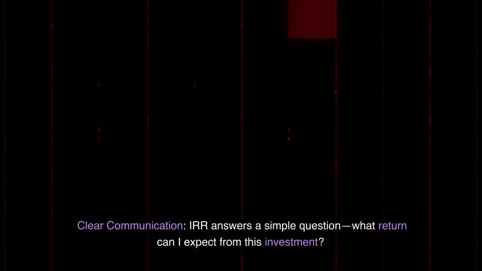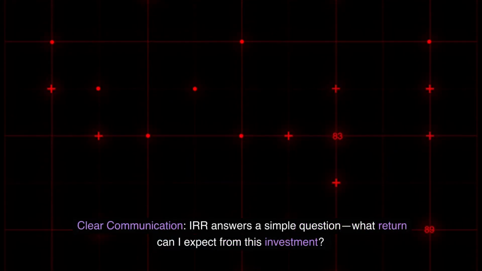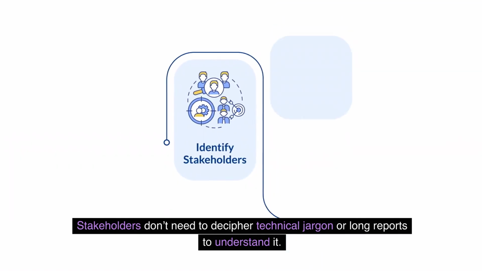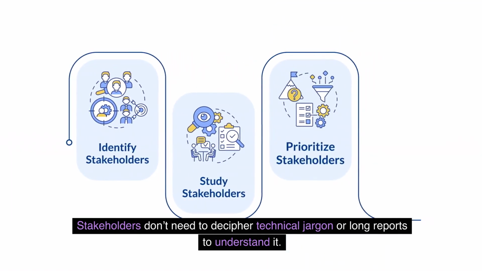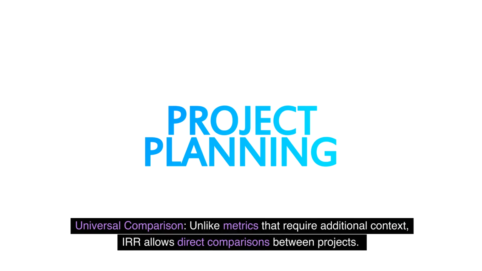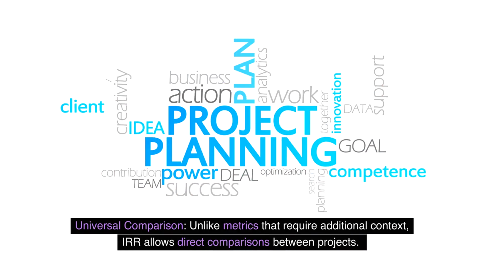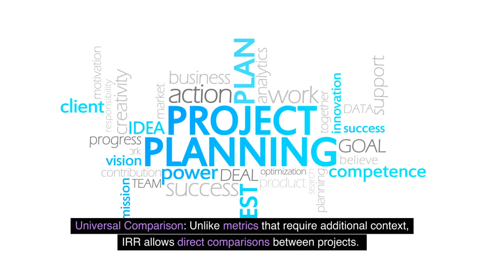Clear communication. IRR answers a simple question: what return can I expect from this investment? Stakeholders don't need to decipher technical jargon or long reports to understand it. Universal comparison. Unlike metrics that require additional context, IRR allows direct comparisons between projects.